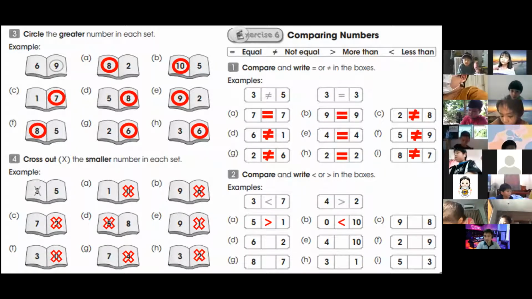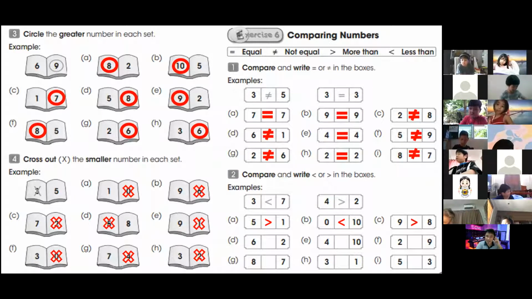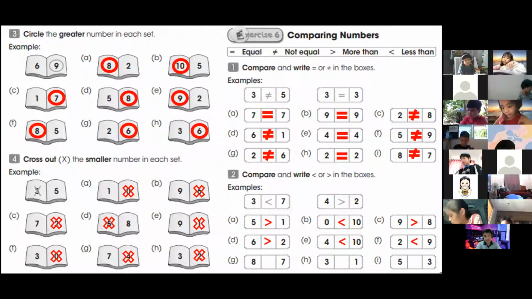Letter B, smaller than. Letter C, greater than. Letter D, greater than. Letter E, smaller than. Letter F, smaller than. Letter G, greater than. Letter H, greater than.